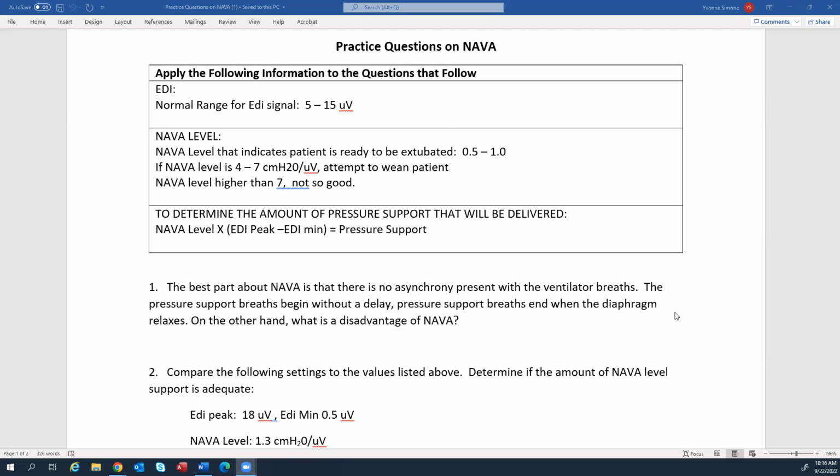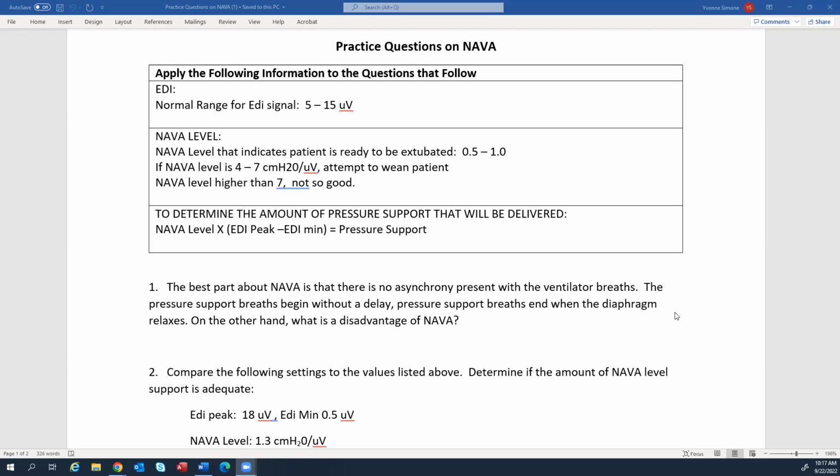If we're using a NAVA level of 0.5 to 1 centimeter of, no, I'm saying it backward, microvolts per centimeter of water, that's not much help. And most likely, once the patient's extubated, they're going to do fine because they're not requiring much help from the ventilator.